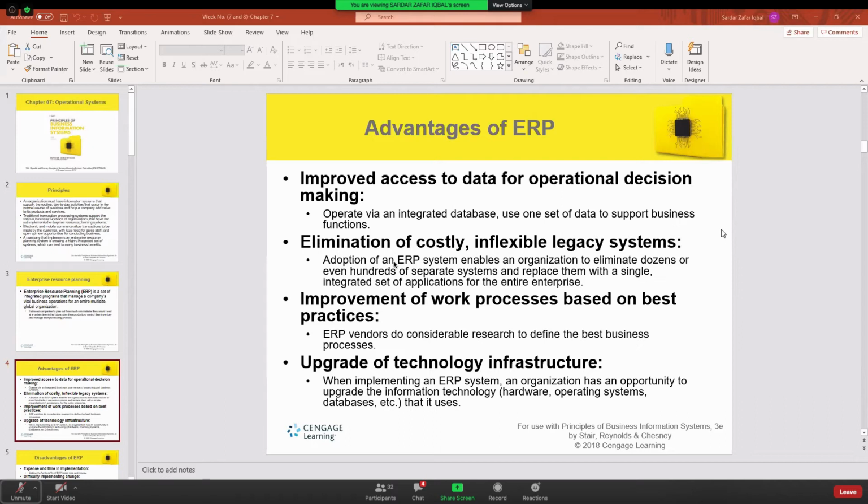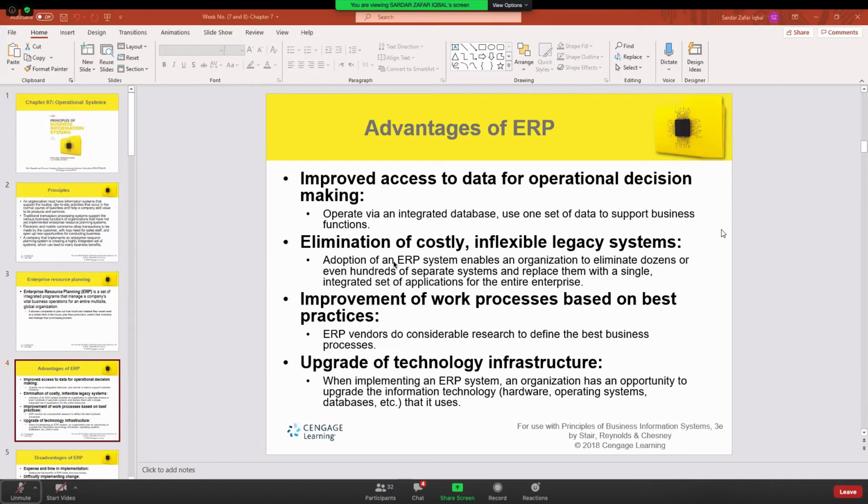So using ERP will obviously eliminate the cost from many things, because everything would be online, the processing and the authorization of the documents will be very fast, and it will save the time. So when you are able to save the time, it means you can save the money as well. Are you getting my point, guys?